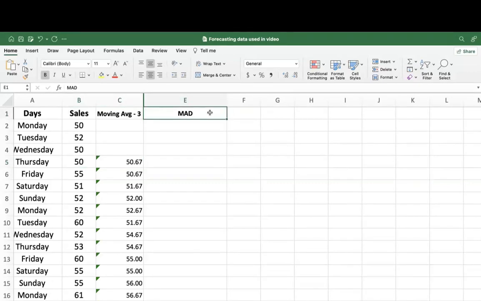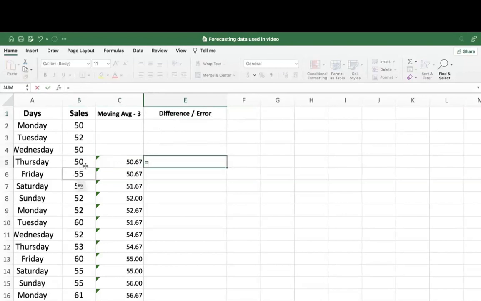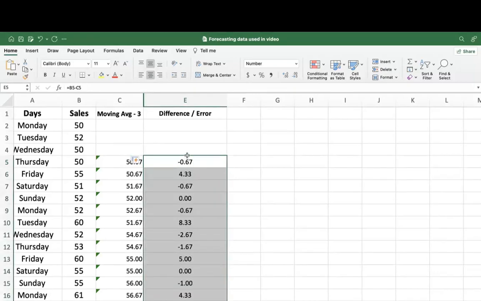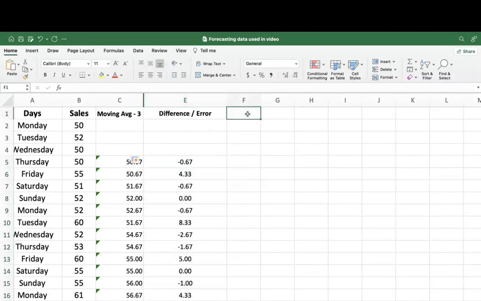So the first is about difference or error. And here we go, that's the error: actual minus forecast. This is the difference between actual and forecast. And if I drag it down, this is the difference of column B and column C. And the next one is absolute value.